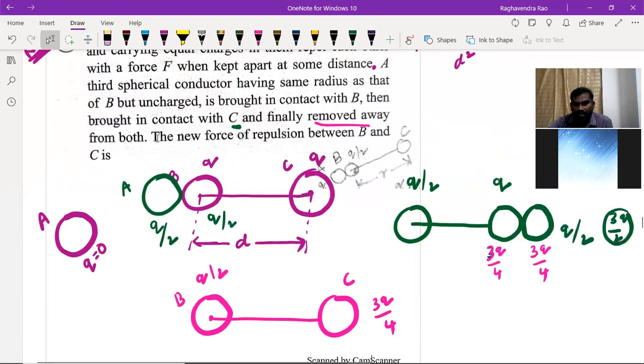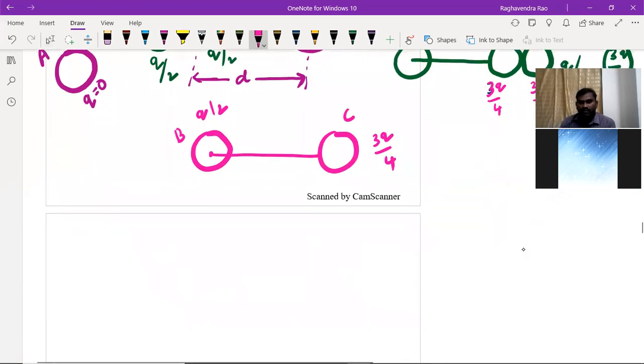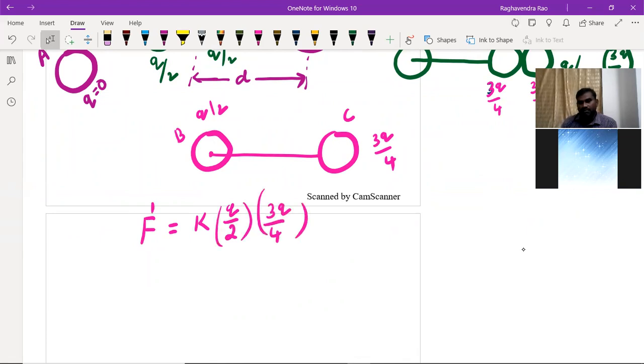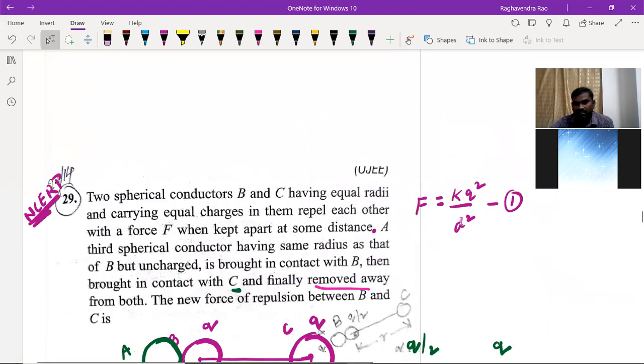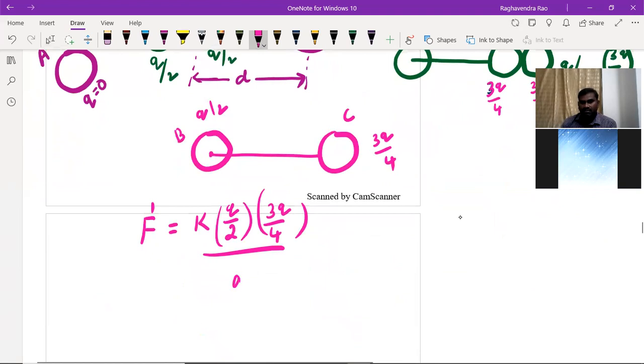Now the new force of repulsion between B and C: F dash is equal to K into Q by 2 into 3Q by 4, divided by D squared, where D is the distance.